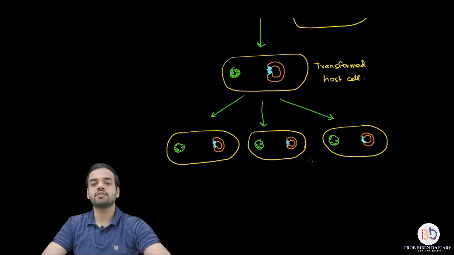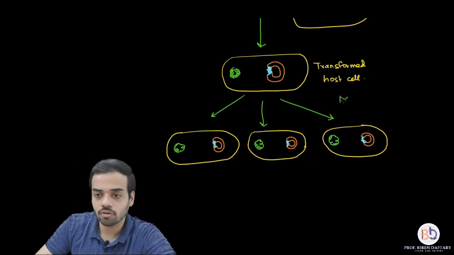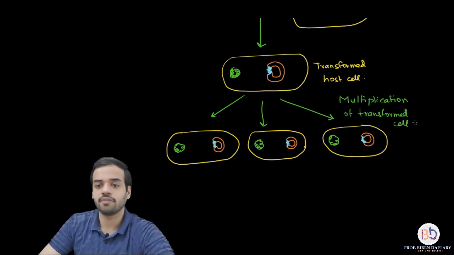So each of them is having the recombinant DNA. So over here I will write down multiplication of transformed cell. This is step number 5.